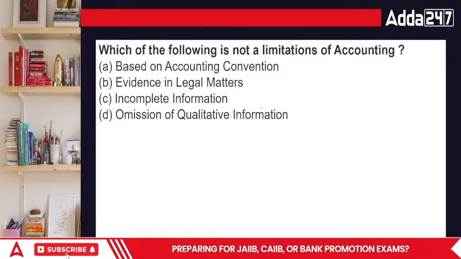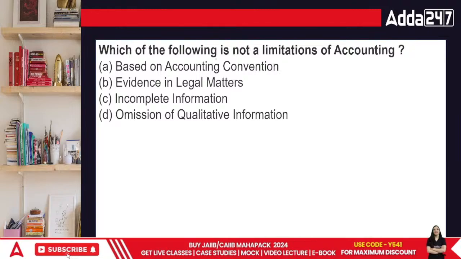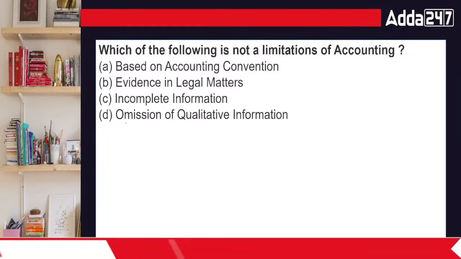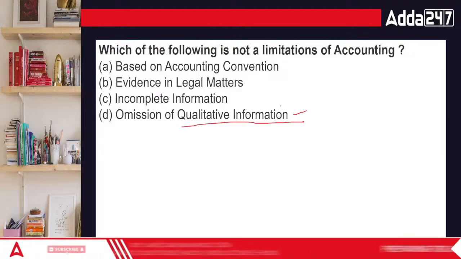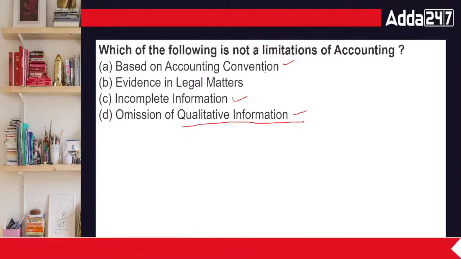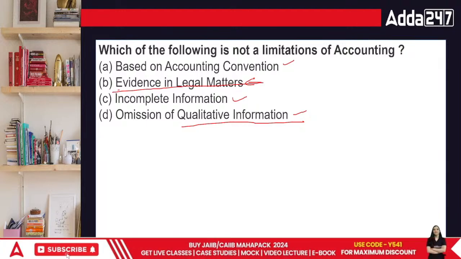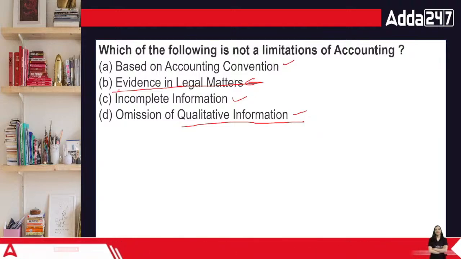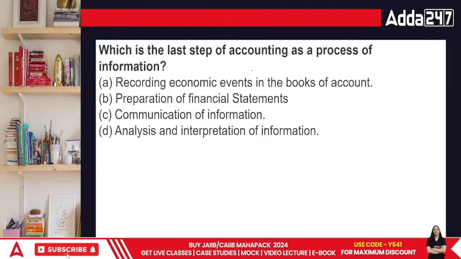So omission of qualitative information is a limitation. Incomplete information is also a limitation. Based on accounting conventions can be stated, and evidence in legal matters can be the point. So this is a positive point of accounting. Now this is evidence, which is not a limitation.